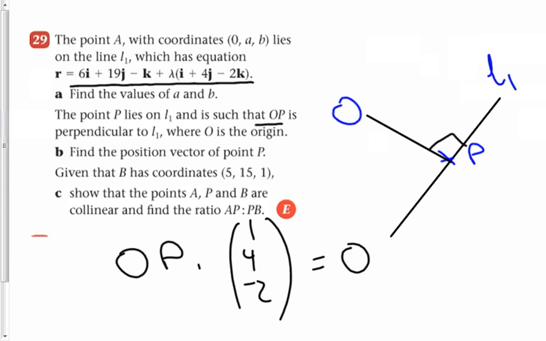We know that because P lies on L1 and we know that OP is perpendicular to L1. So OP dot the direction vector. Let me highlight this. When they say perpendicular to the line, they mean perpendicular to the direction vector of the line.